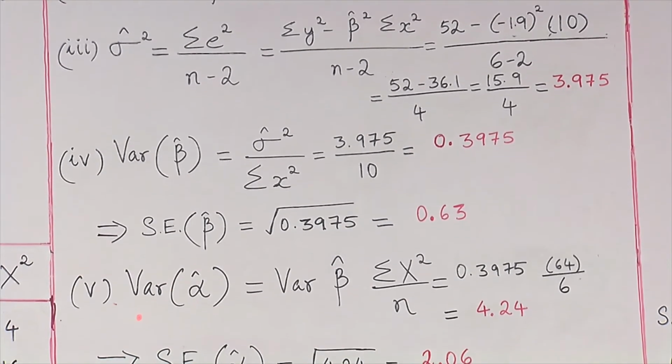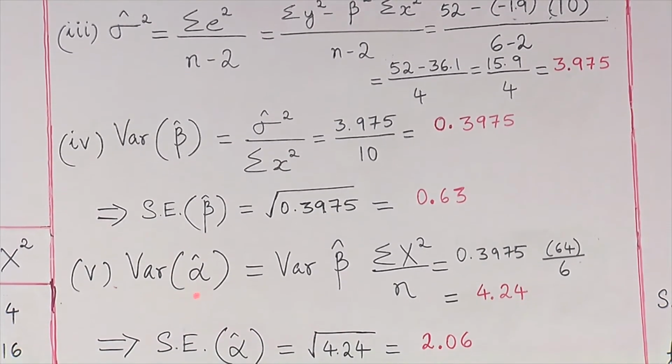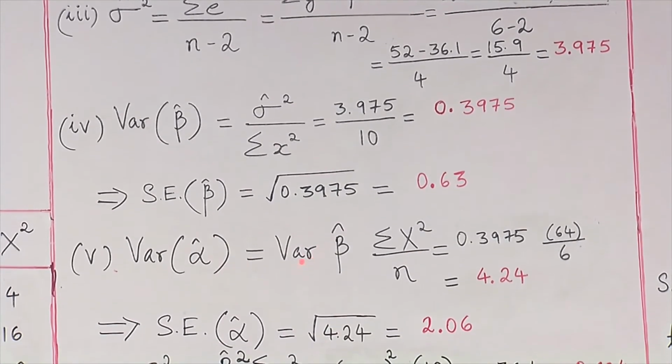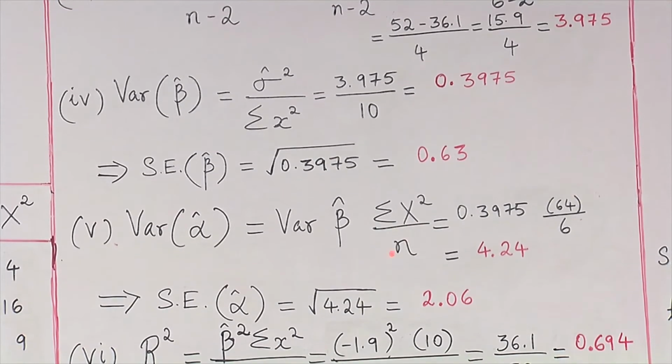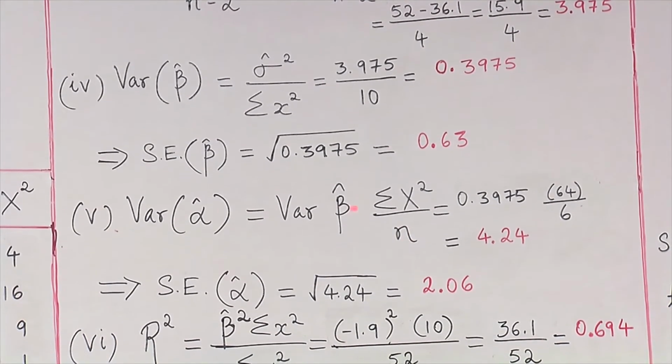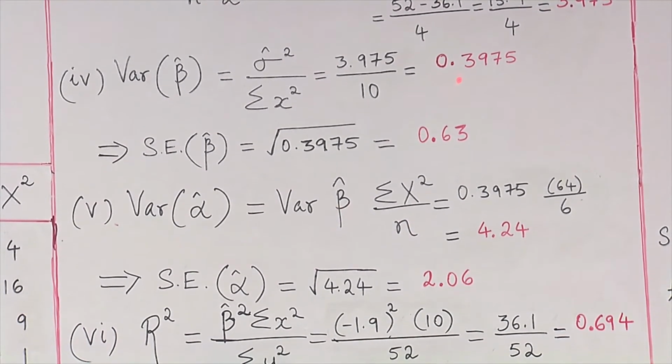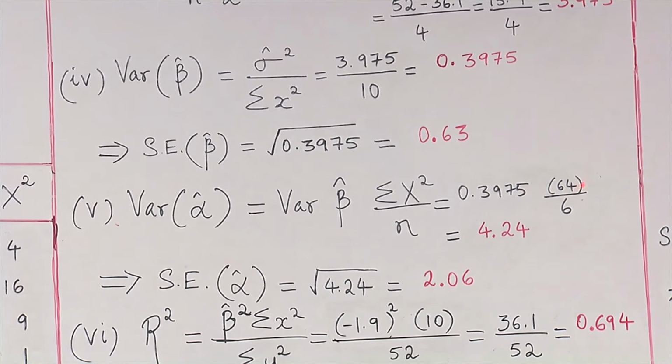Now, let us come to calculate the variance of alpha hat, which is variance of beta hat into sigma capital X square by n. The variance of beta hat value is 0.3975 and it is multiplied with sigma capital X square value 64 divided by n value 6.